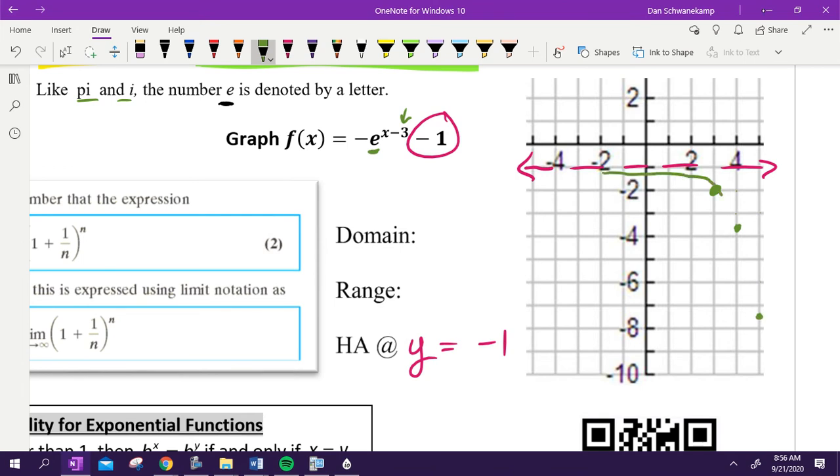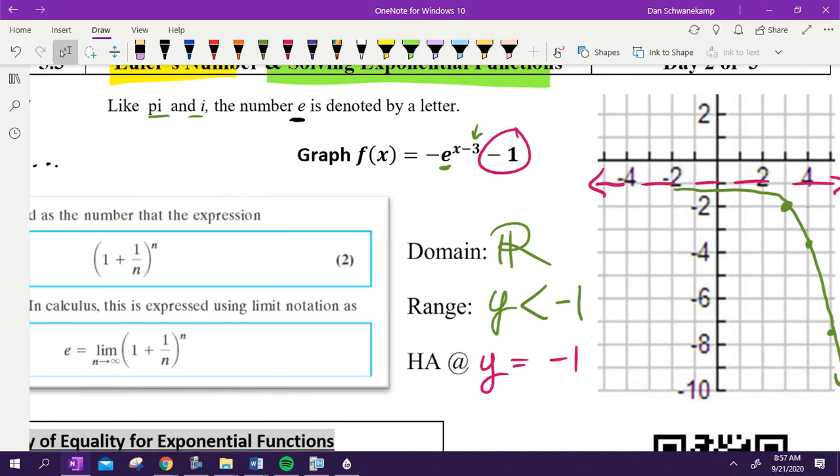I'm not really concerned about that being the perfect graph, but just know that an exponential with E is going to look kind of like that. It doesn't look a whole lot different than what we did on Friday. Who cares that they changed the letter to E instead of 2? We're still good. Domain, all real numbers. Range, y is less than -1 because my graph is below that -1 line. Questions?